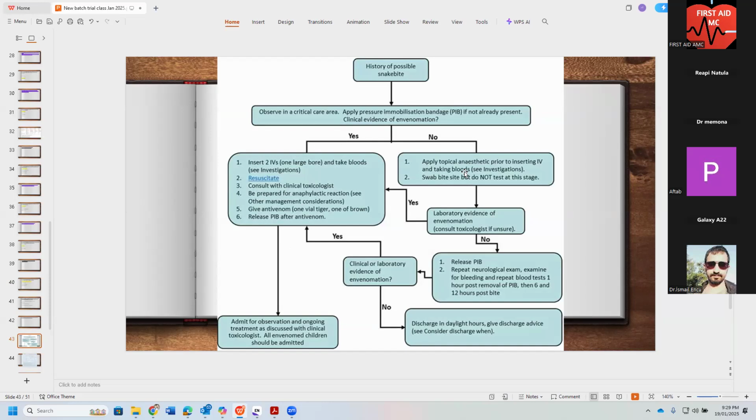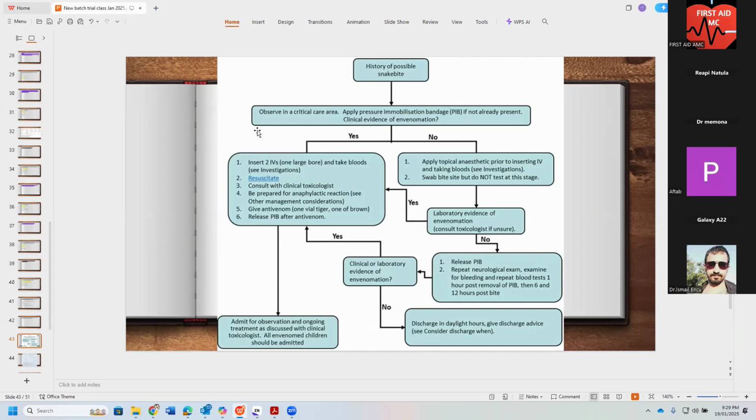If there is lab evidence of envenomation, for example, your liver function tests are deranged or coagulation profile is deranged, then you consult the toxicologist and give the antivenom to the patient.